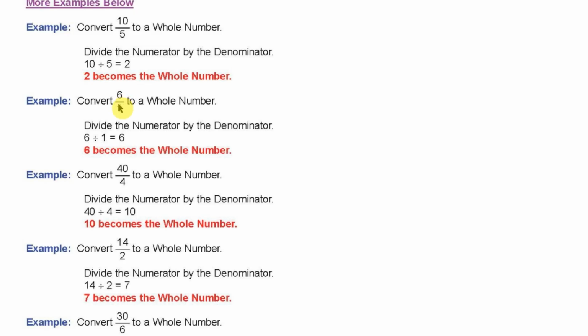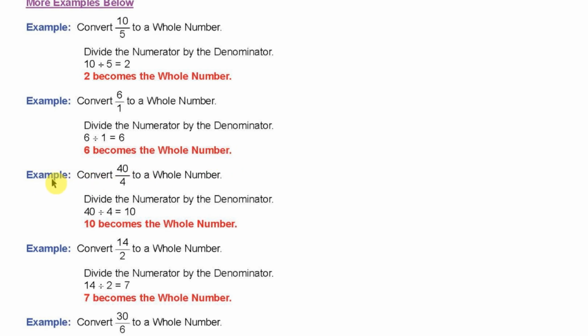So dividing the numerator, which is 6, by the denominator, which is 1, gives us a result of 6. 6 becomes the whole number. 6/1 converted to a whole number is 6.